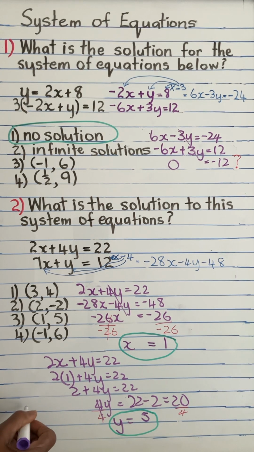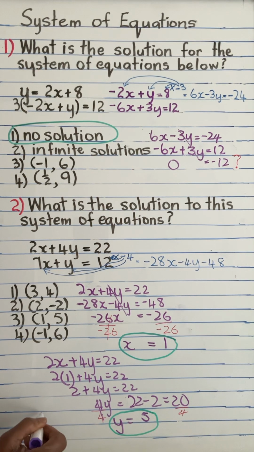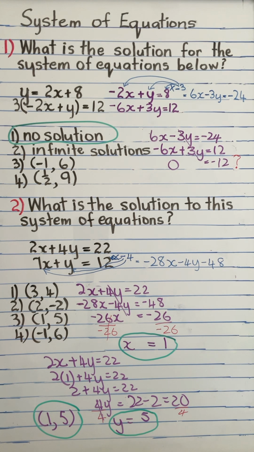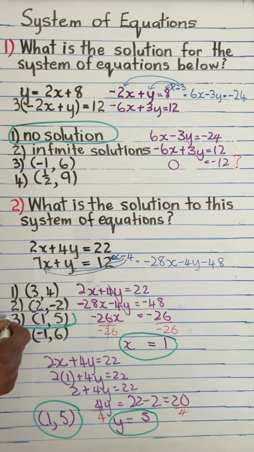So our ordered pair is (1, 5). This is our ordered pair. It's multiple choice, so we go to our options, and option 3 is the correct choice.